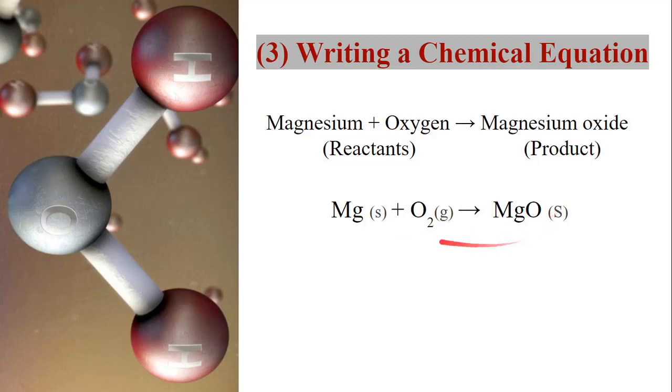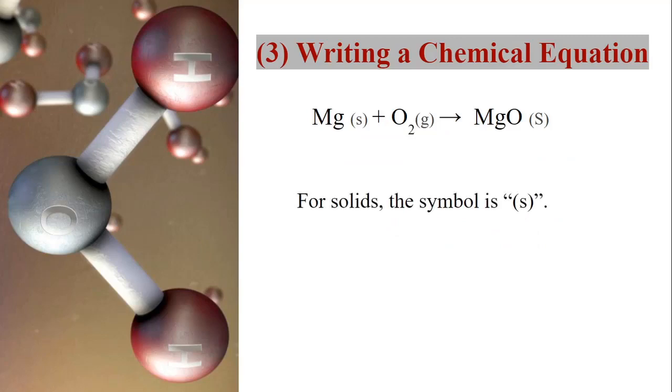Here we have written s, g and s. What do we mean by this? These are the physical states of the substances. For solids, the symbol used is small s.